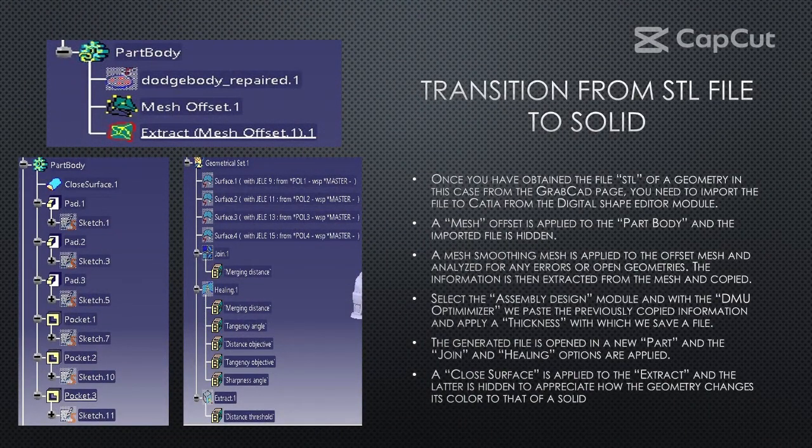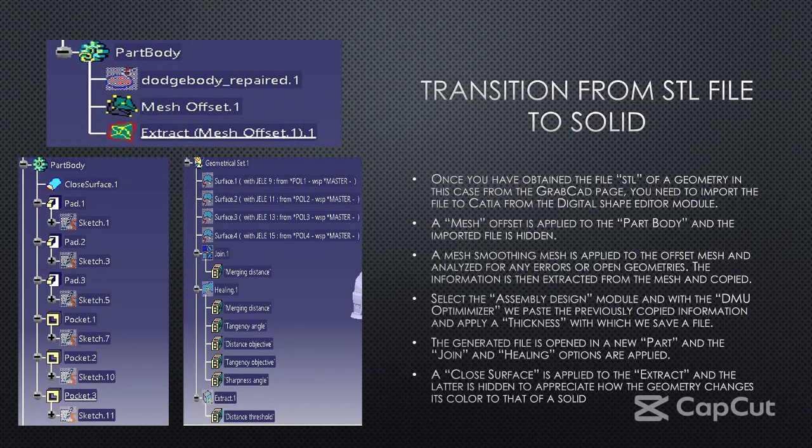The transition from an STL file to solid is as follows. Once you obtain the STL file of a geometry, in this case from the GrabCAD page, you need to import the file to CATIA from the Digital Shape Editor module.